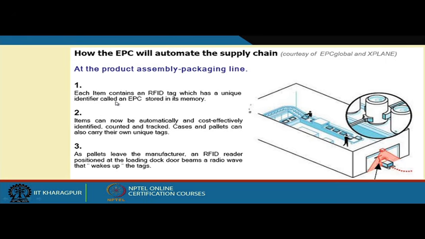First of all, when we are talking about item level tagging, each item contains an RFID tag that has a unique identifier, the EPC, and these details are stored in the memory of that tag. Therefore, the items can now be automatically and cost effectively identified, counted and tracked.